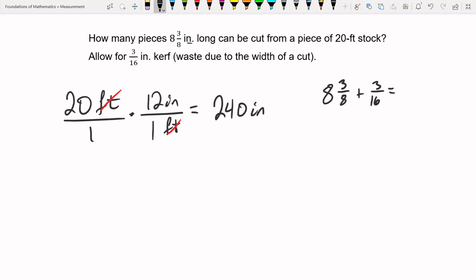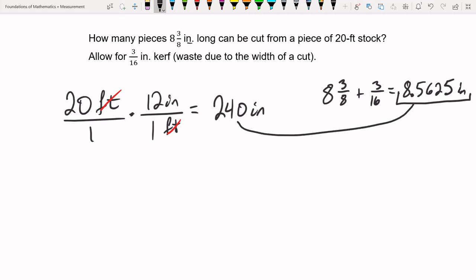Let's convert these to decimal numbers and see what kind of number we get. Okay, I got 8.5625, and that's a terminating decimal, so I'm just going to use that. We're asking the question: how many times does 8.5625 go into 240? In other words, how many 8.5625 pieces can we cut off 240-inch stock?